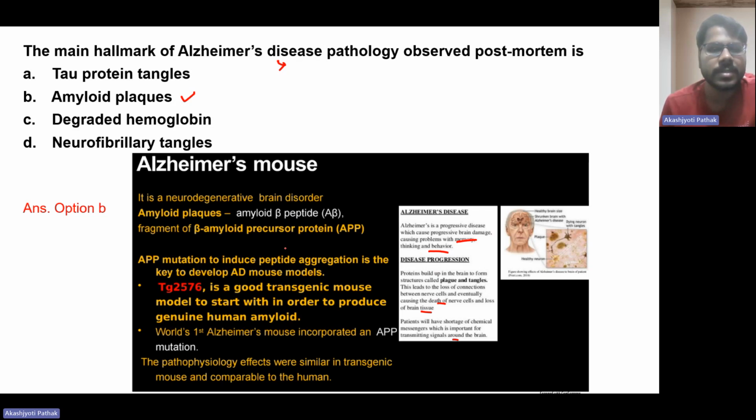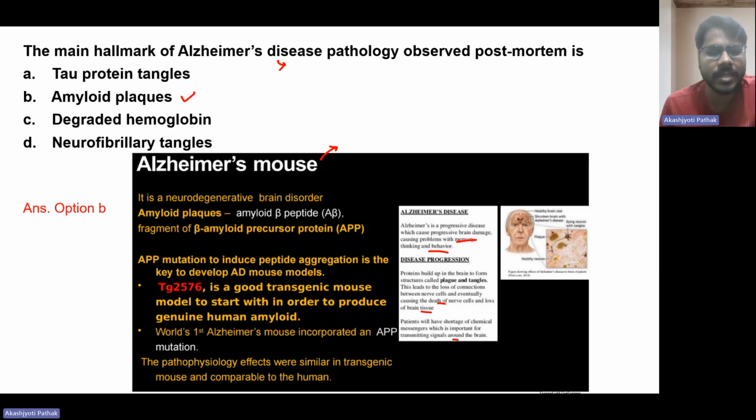So APP mutation: this is the beta amyloid precursor protein, and a mutation in this protein induces peptide aggregation. So for doing research in Alzheimer's disease or finding a cure for this disease, there are transgenic mouse models called Alzheimer's mice. This transgenic mouse is named TG2576.